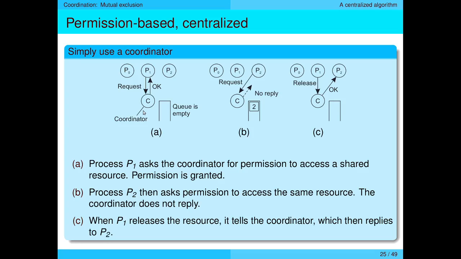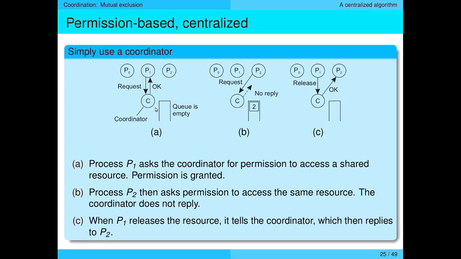If you are using a simple coordinator, then in place of asking all the processes, it is better to have a coordinator, and then you will have to ask the coordinator only. The coordinator will maintain a queue.